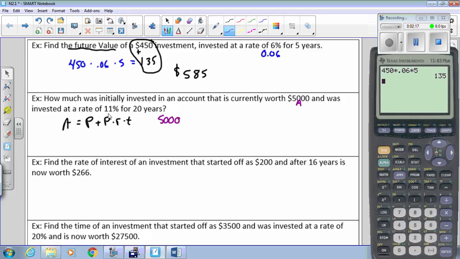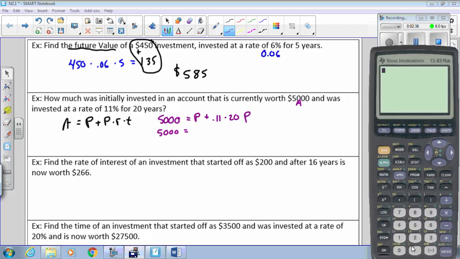And then my P is unknown, so I don't know my P, plus my rate, which is 11%, multiplied by 20P. So 5,000 would be equal to 11% times 20, 2.2, plus another P, so my coefficient would be 3.3P.